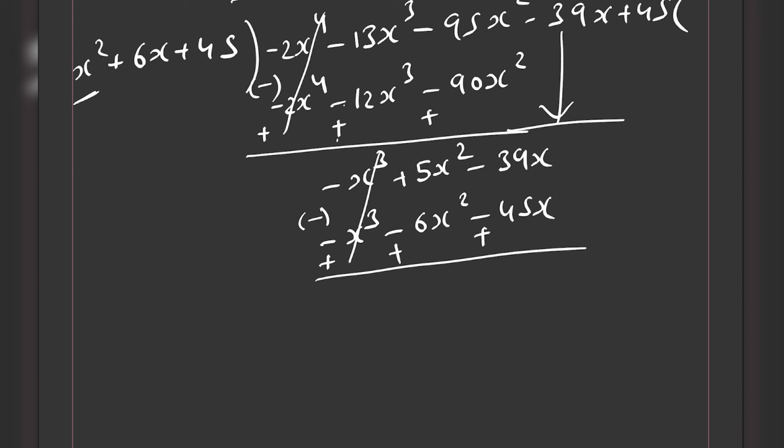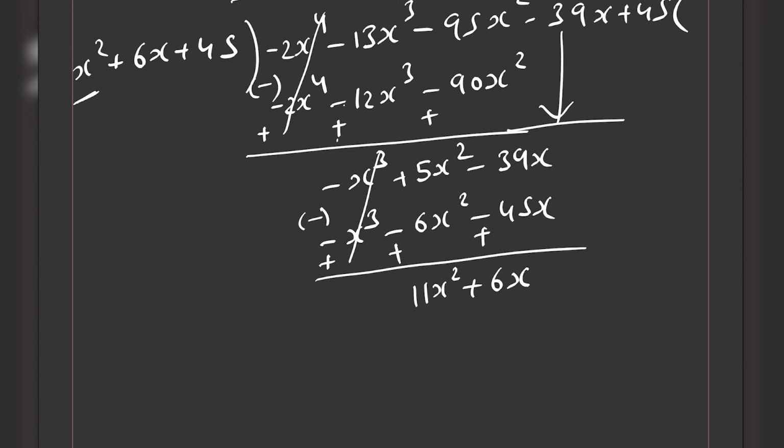Minus x cube plus x cube gets cancelled. Then 6x square added to the x square term, and minus 39x plus 45x is plus 6x.